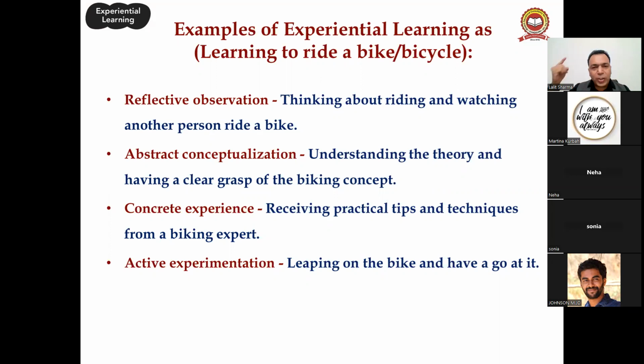Whatever the internal process of the bus is, this is called abstract conceptualization. The bus is moving due to the internal engine and a lot of things. We see the outer structure of the bus, a car, but actually what is going on inside is called the technical specification.